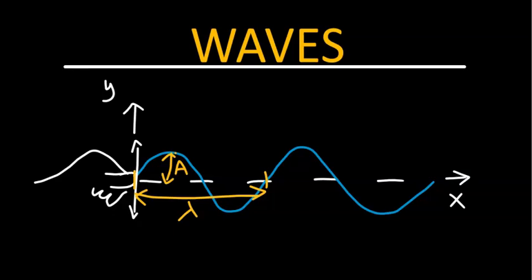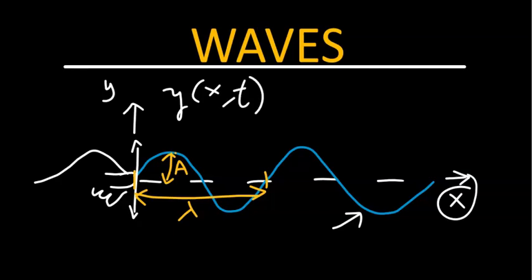Using all these parameters, we can write a mathematical form for such a waveform, and it looks something like this. Since y, the vertical displacement of the string, is dependent both on x and time, since this is a moving wave, it can be written using a sinusoidal function such as sine or cosine.